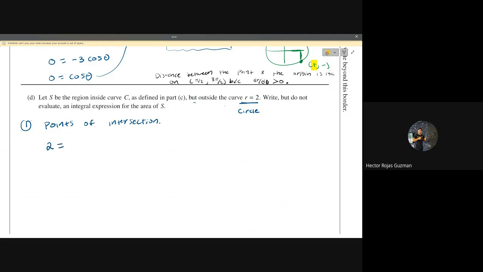The other curve is 3 over 2 plus sine of theta. Solve for theta. Okay, we're going to multiply by the denominator on both sides. Then we're going to go ahead and divide by 2.